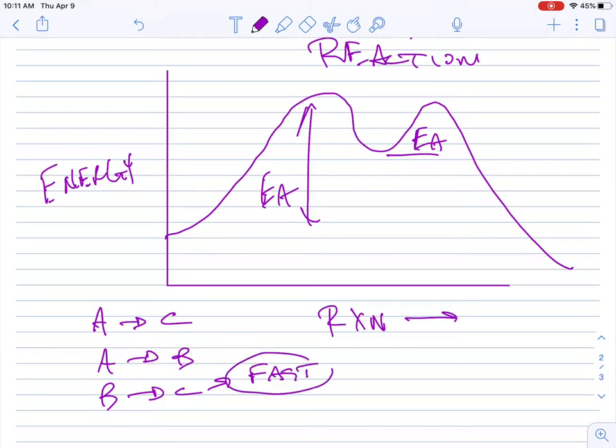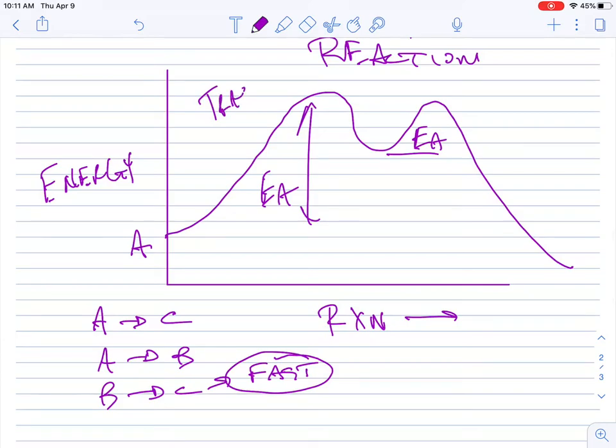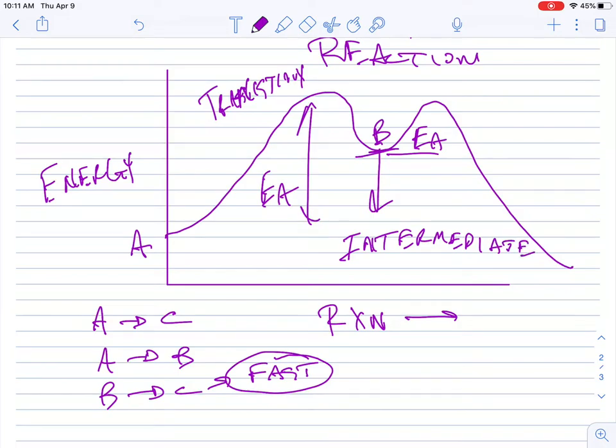When I look at this graph, this is how I know it's the fast step. Here's A. I've got a transition state up here. Here's going to be B, at the bottom of this. This is my intermediate. I'm going to form B right here. But because B turning into C is my fast step, it doesn't last very long.